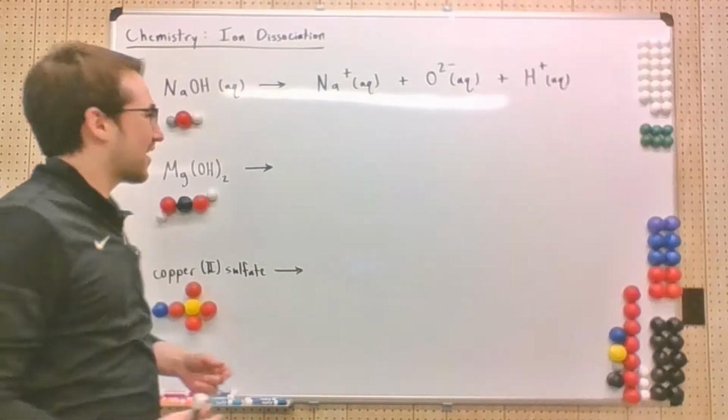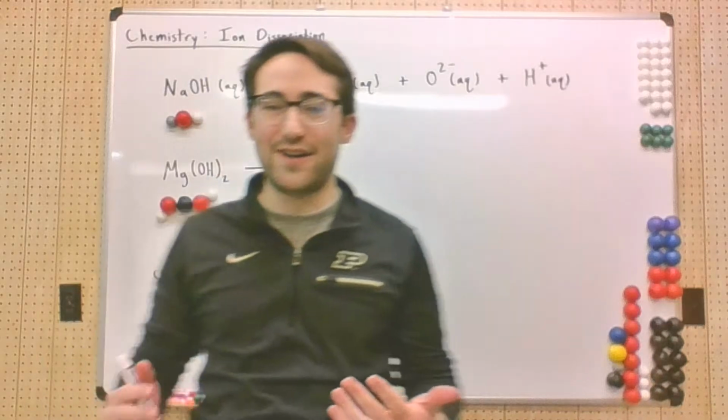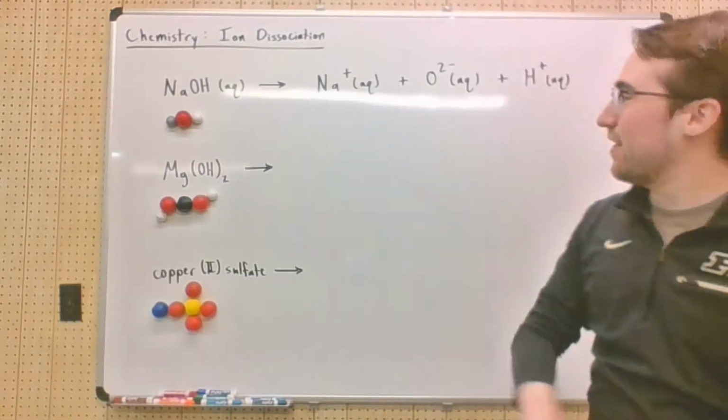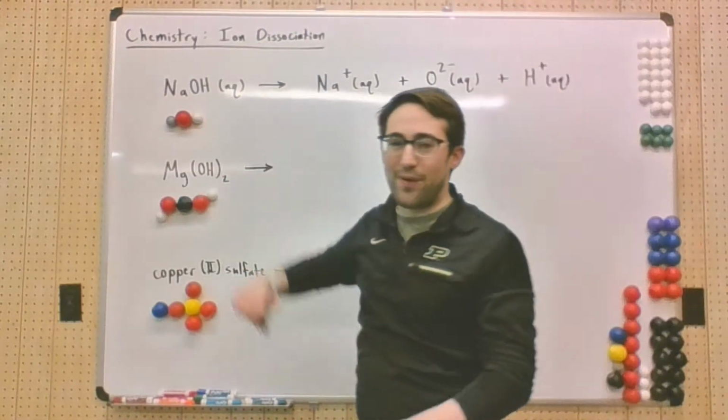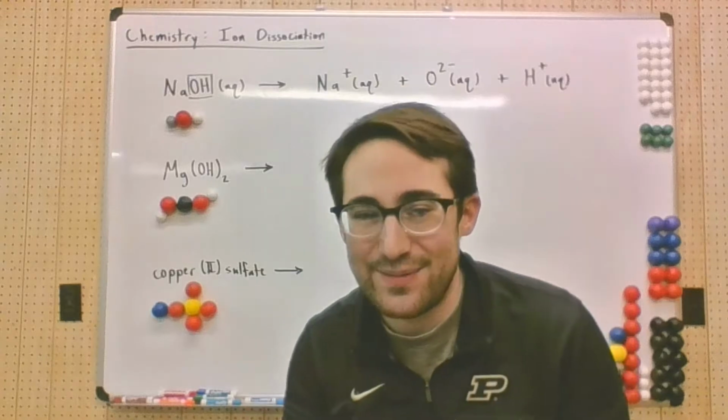is built, all right? It's kind of hard to tell from looking at this if you don't have your polyatomic ions memorized, okay? But this OH is a polyatomic ion, hydroxide. Okay? It's stuck together with a covalent bond.